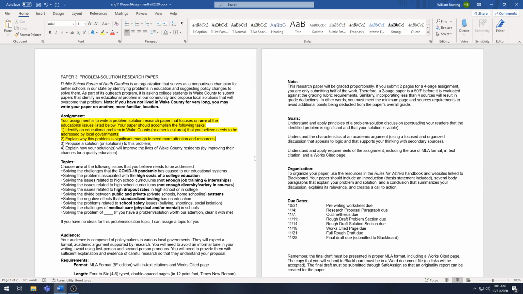One thing to just get used to is you want your paper to fulfill what the assignment is asking, right? So this is a problem solution paper about a local issue dealing with education, right? So don't try to write about legalized marijuana and say that the nation should legalize marijuana and somehow that's a local educational issue, because it just isn't going to be a good fit.